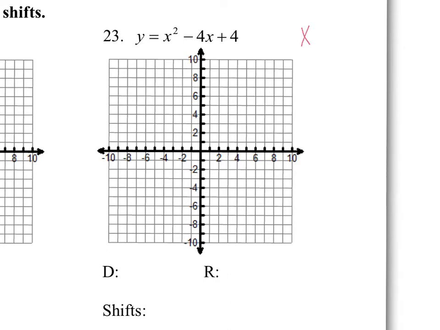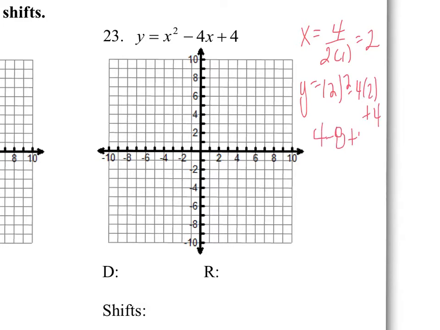So x equals opposite b over 2a, which is 2, and plug that in. So you get 4 minus 8 plus 4, which is 0. So the vertex is 2, 0. Okay. The a value is 1, so it's going to be 1 over 1 and 3 over 1.